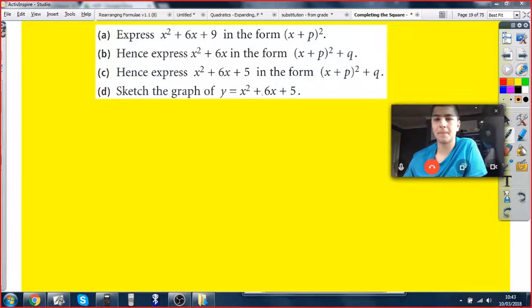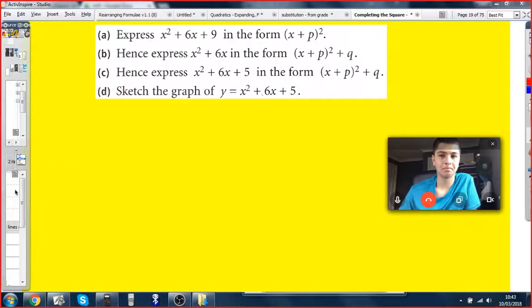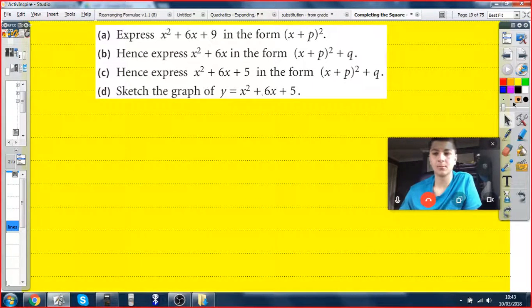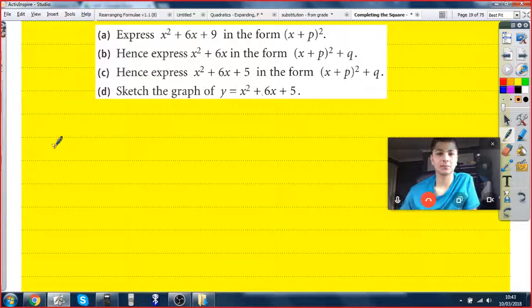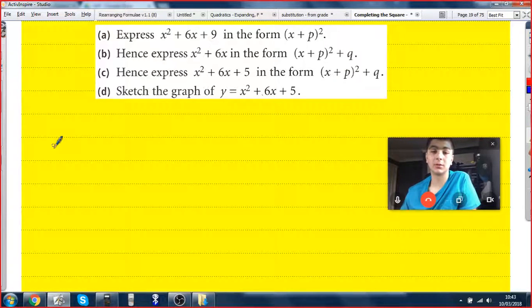Okay, let's try these. Right. So would that just be x plus 3 and then squared? Yep. And then so how about the next one?